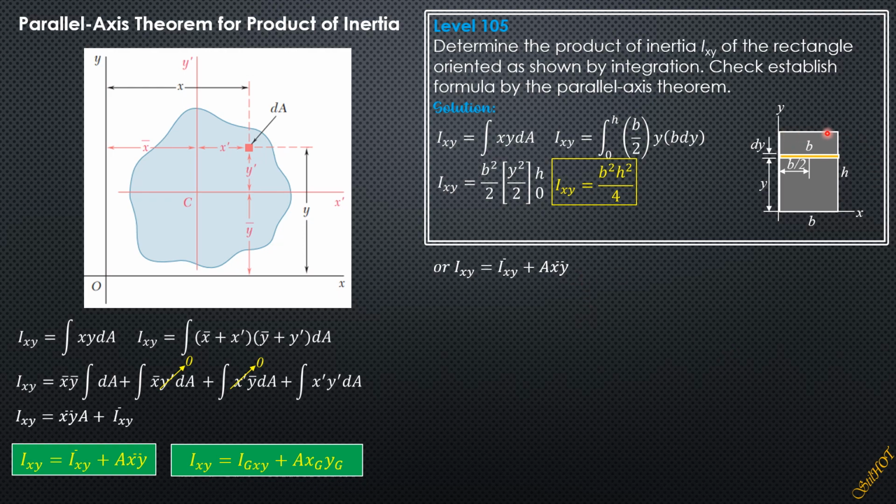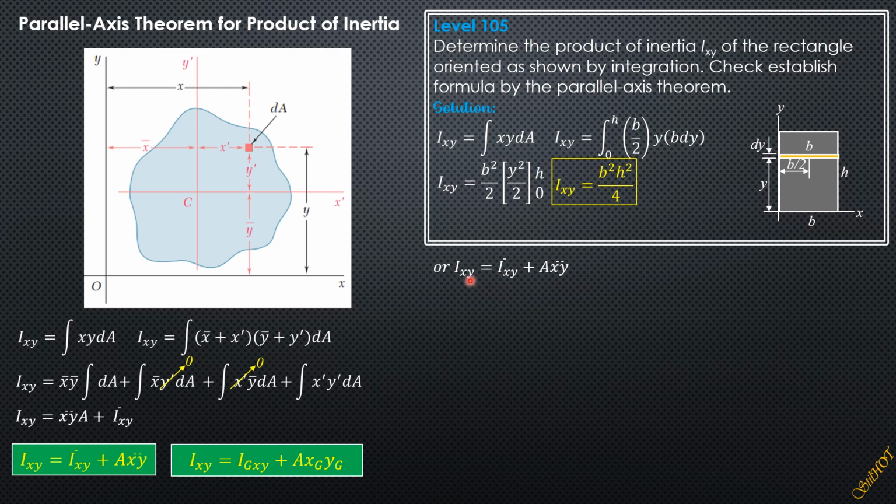Since the rectangular area is symmetric with respect to both centroidal axes, then this is just 0. And barred x is b over 2. The centroid of the rectangle is here, so that is b over 2, and the barred y is h over 2.